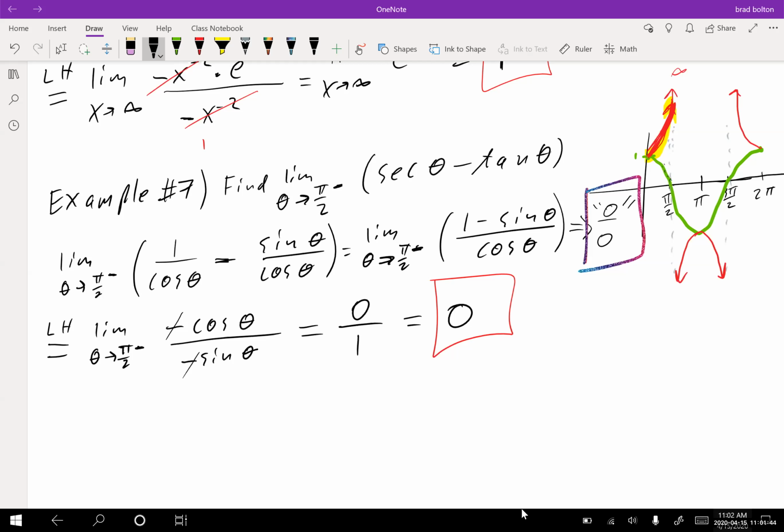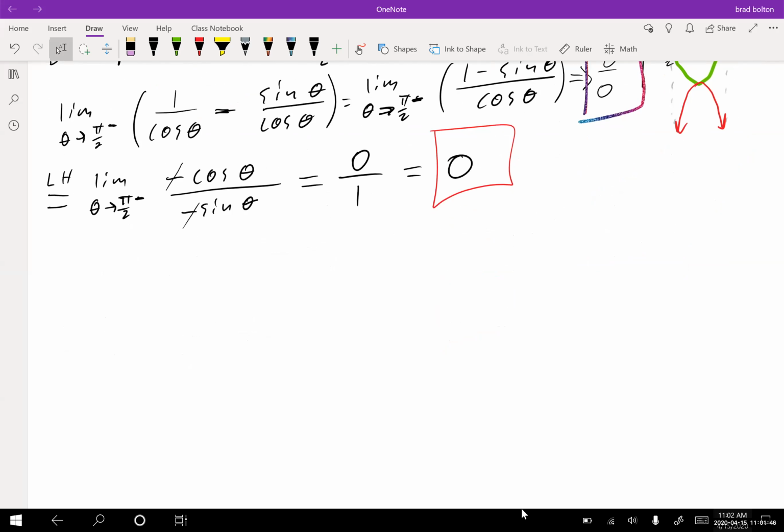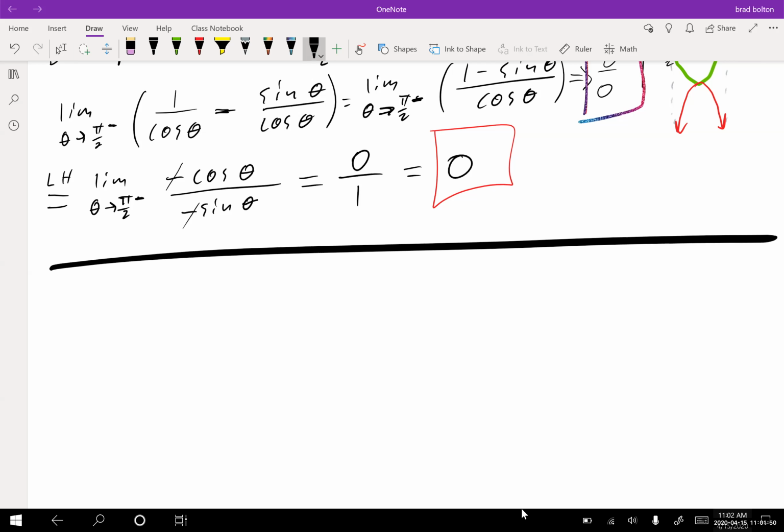So oftentimes these are called exponential indeterminate forms. Okay, so let's just write a few of these out.